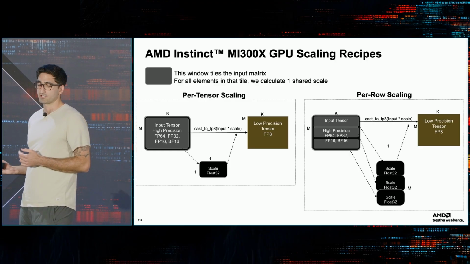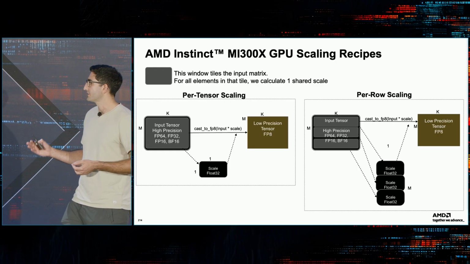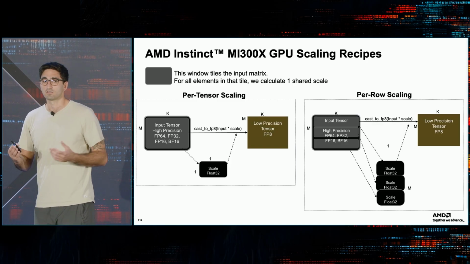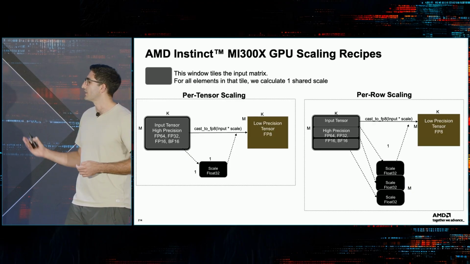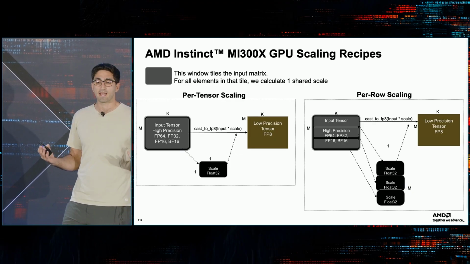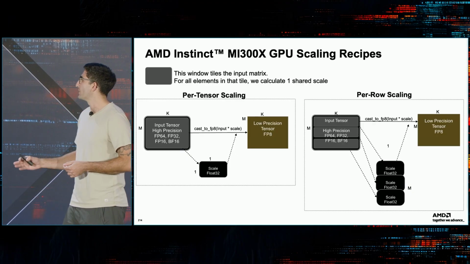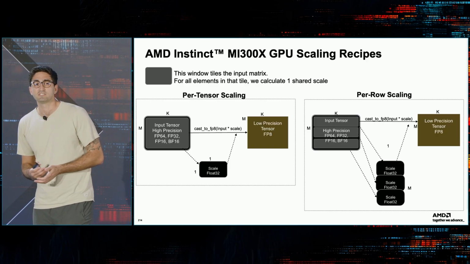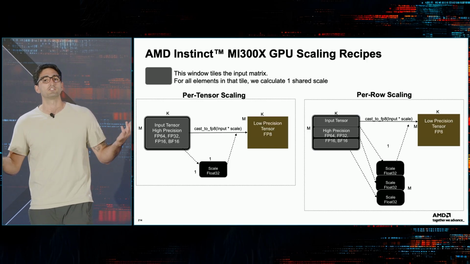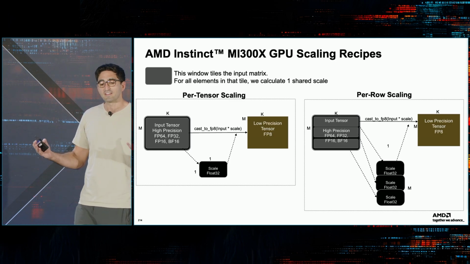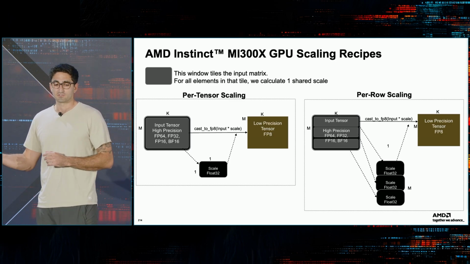How do we actually calculate this scale? First we take the absolute values of the elements in the window, and then we take the maximum, and we call this the amax. Then we take whatever FPX type we're going to store to, and we take the maximum representable value. For something like FP8, this would be 448. It's a big number, but it's not that big when it comes to actual tensor data.